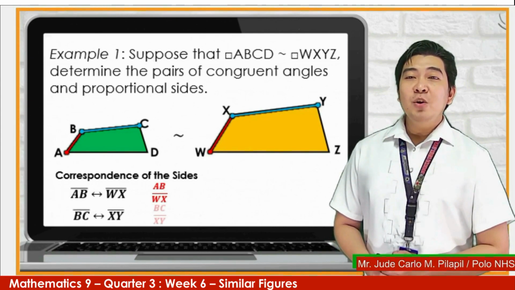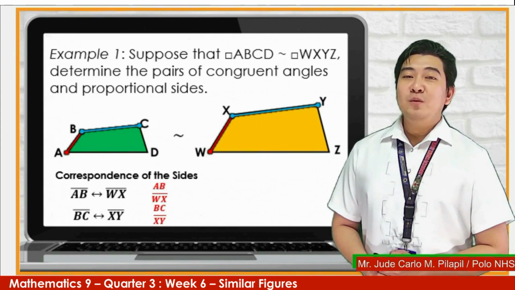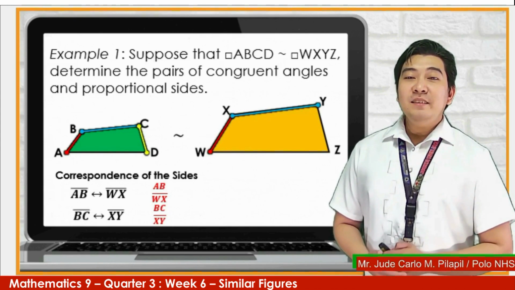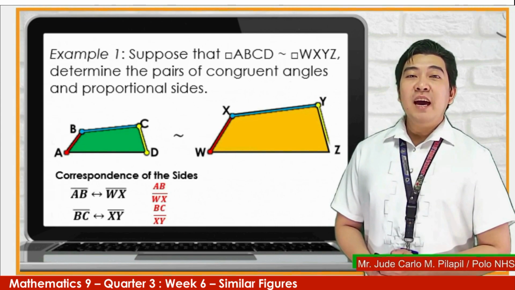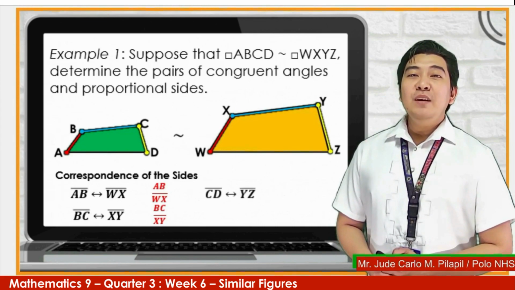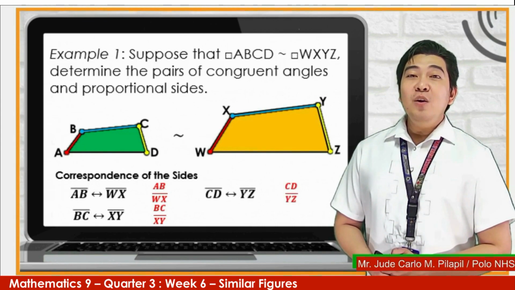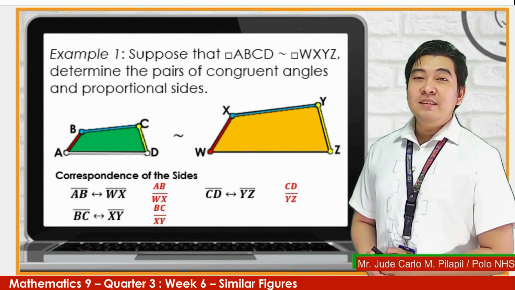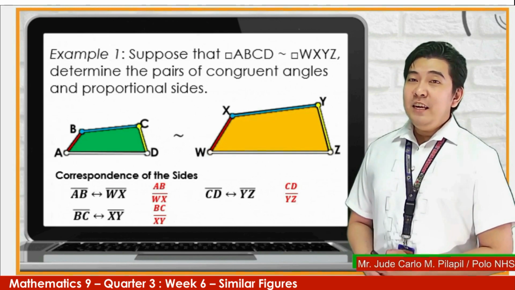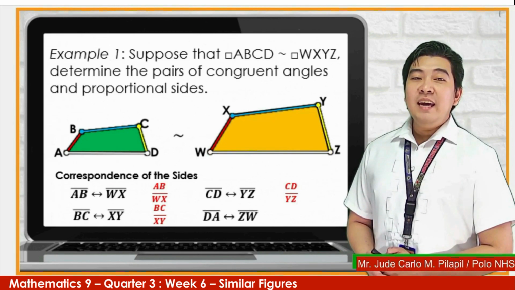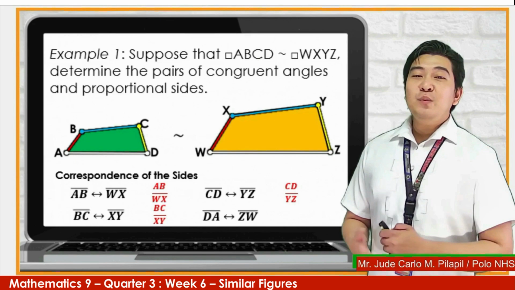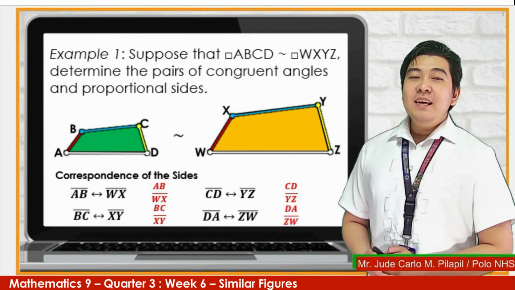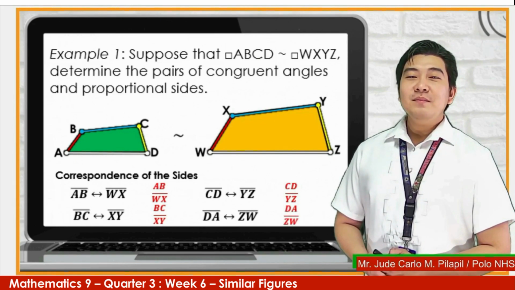That has the ratio BC over XY. Side CD corresponds to side YZ, having the ratio CD over YZ. And the last pair of sides, side DA corresponds to side ZW. Thus, we have the ratio DA is to ZW.